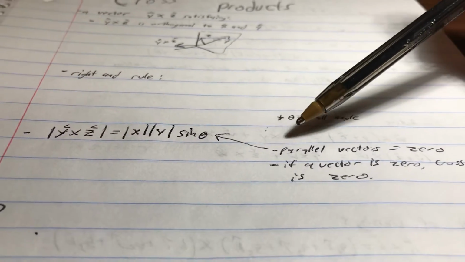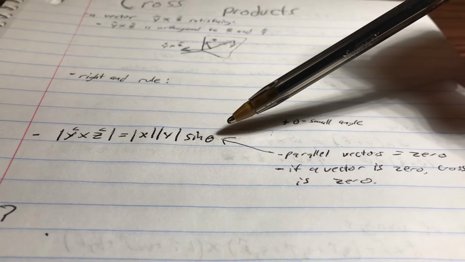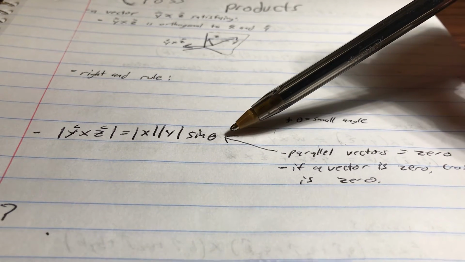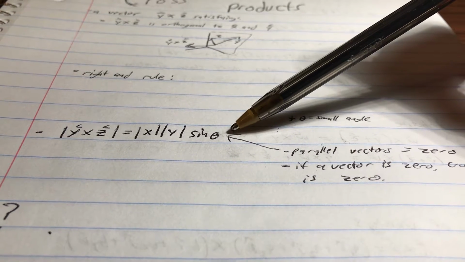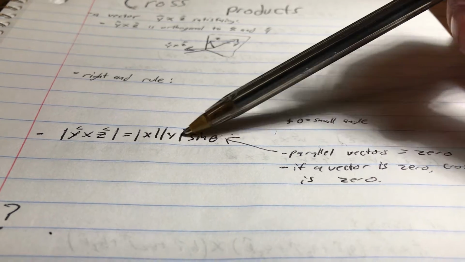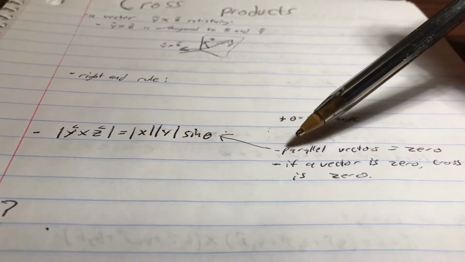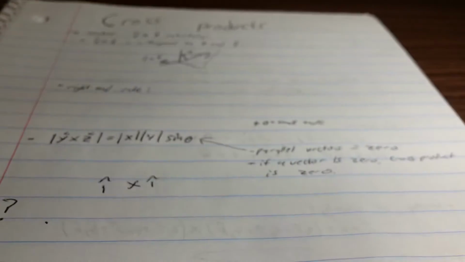This shows that parallel vectors equal 0. And why? Because parallel vectors means that the angle between those vectors is either 180 degrees or 0 degrees, which means that sine goes to 0, which makes all of this 0. So parallel vectors cannot be crossed with each other. That means I can't take i cross i because those are in the same direction.